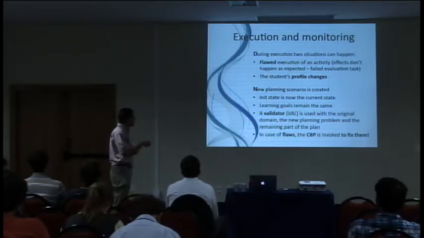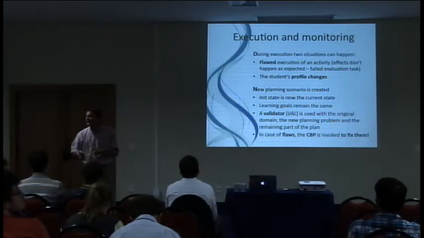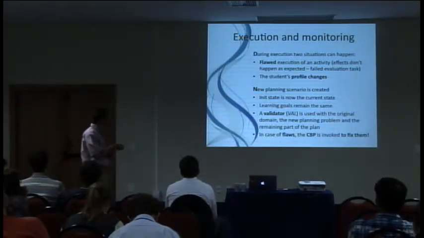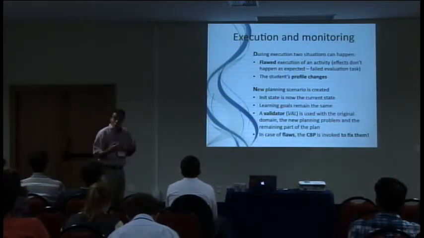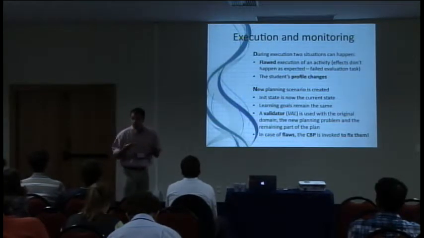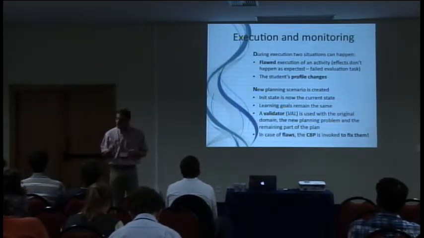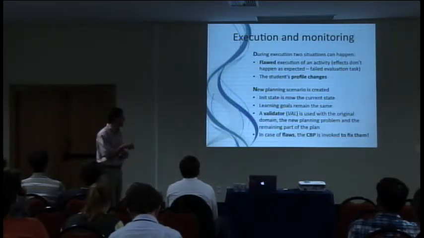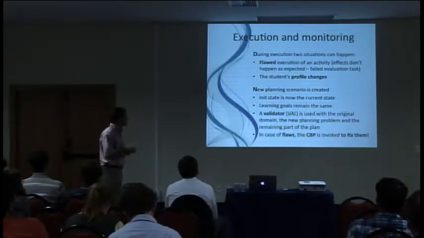We have as initial state now the current, real state. The learning goals remain the same, although they could be different. This is also possible, but we haven't implemented that yet, but we think that this is a very simple extension.